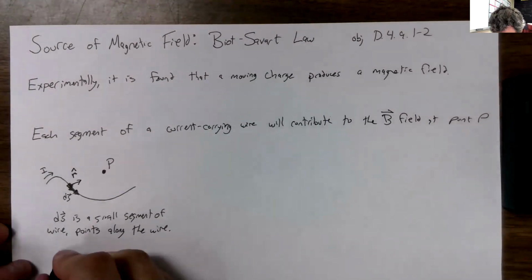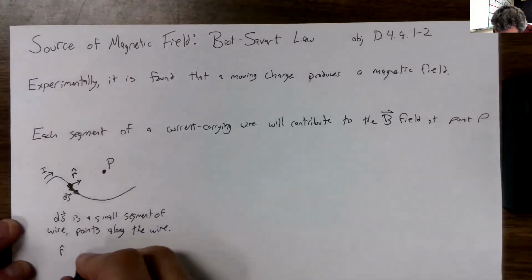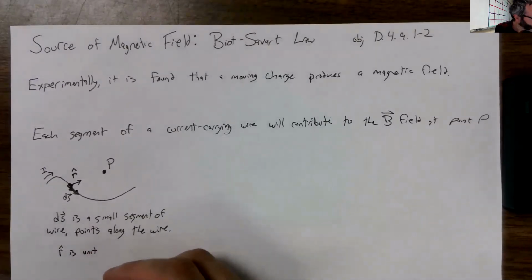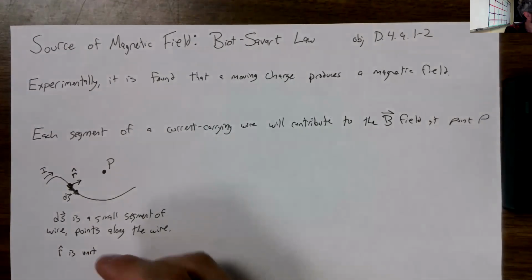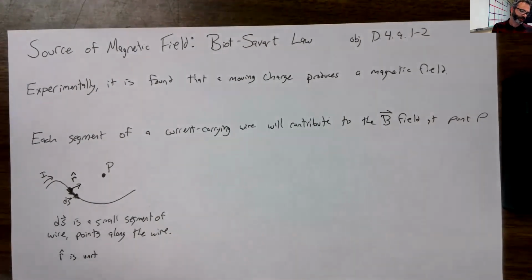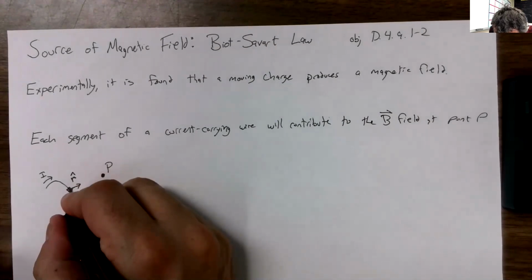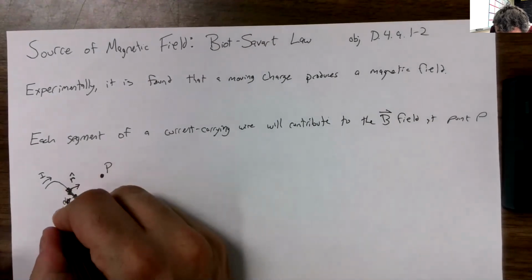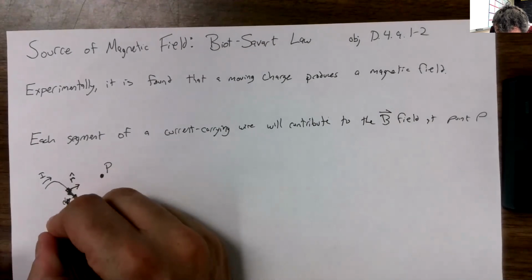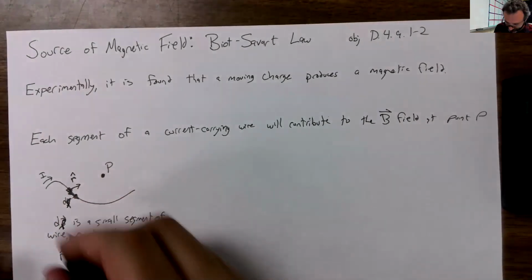So we say r hat here is the unit vector. I want to use the same form that's on the equation sheet here. Okay, let me call this what I called ds before. I want to use the same term that's on the equation sheet. I'm going to change it to dl. So a little length.